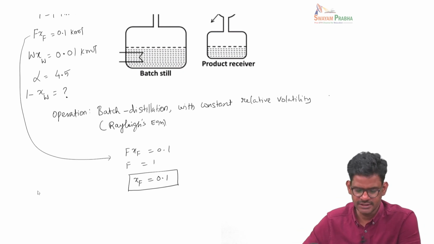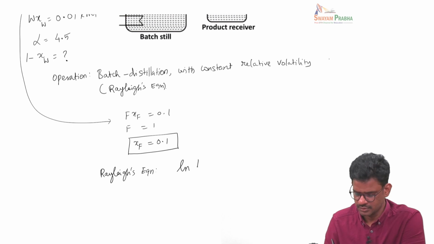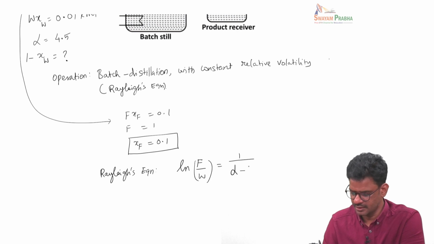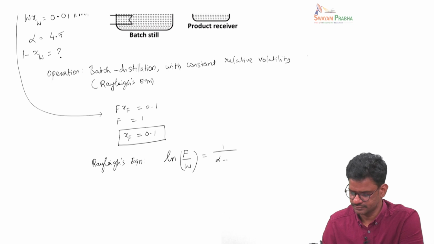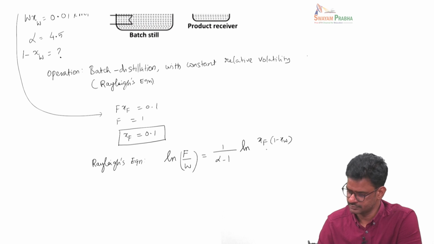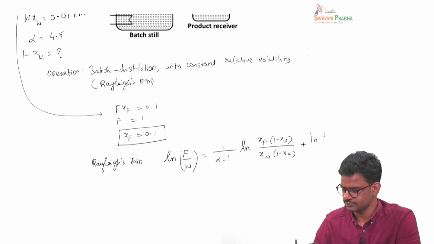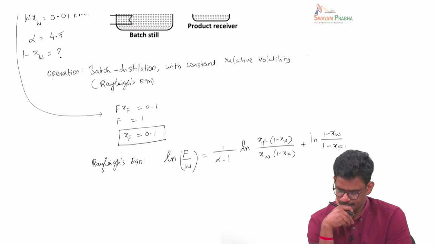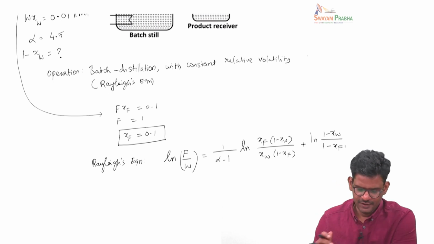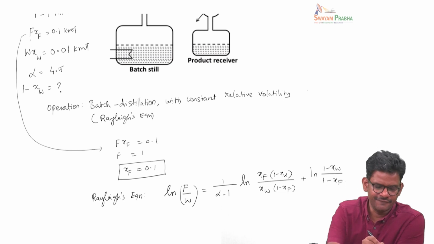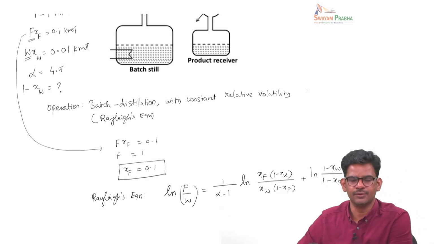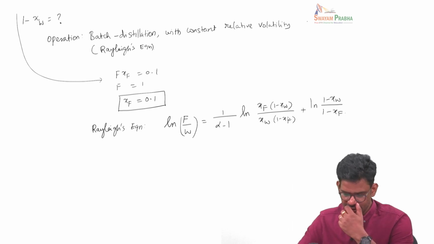And now, let us write the Rayleigh's equation. So, this is ln of F by W is equal to 1 by alpha minus 1 times... So, this is Rayleigh's equation, and since we are given the values of F XF and W XW, what we could do is rewrite this equation a little bit differently.